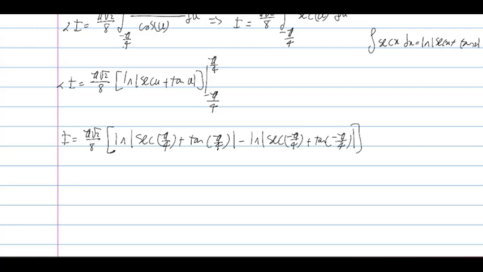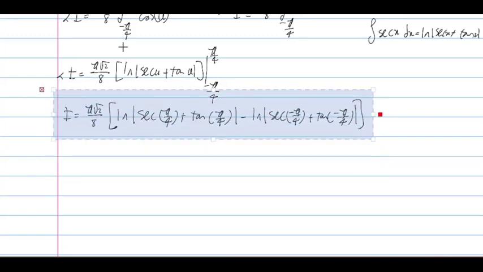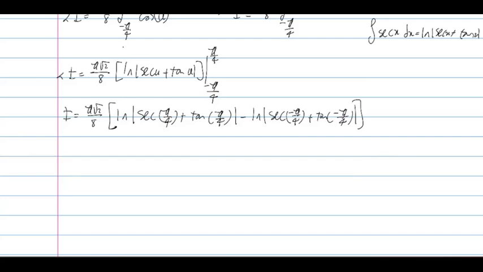So let's see, we need to get secant of pi over 4, which is exactly 1 over cosine pi over 4, and we know cosine pi over 4 is root 2 over 2, so secant pi over 4 is the reciprocal of that, which is 2 over root 2. And secant of negative pi over 4 is the same answer, because secant is an even function.